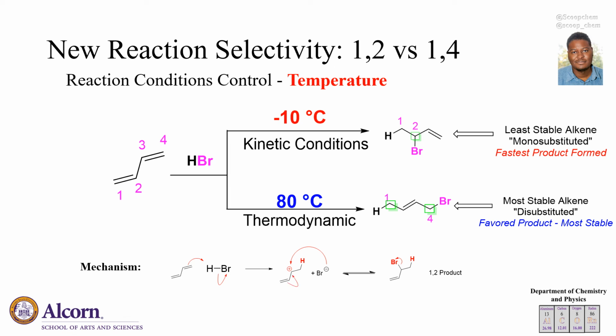But this compound now undergoes resonance delocalization to generate the primary carbocation, and now our Br minus can react with that carbocation, which is primary and unstable, but it leads to a more stable product, so this is still a favorable process, and that leads to the 1,4 product.